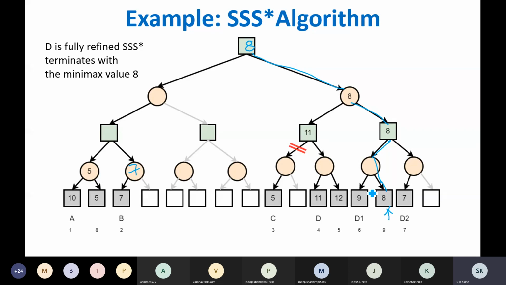It starts with a set of nodes which will cover all strategies, focuses on the best strategy, refines that, and at the end you will get the same result as that of minimax and alpha beta cutoff, but here the number of nodes evaluated will be less as compared to both the algorithms.